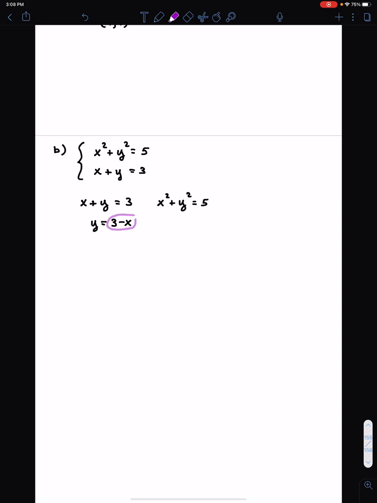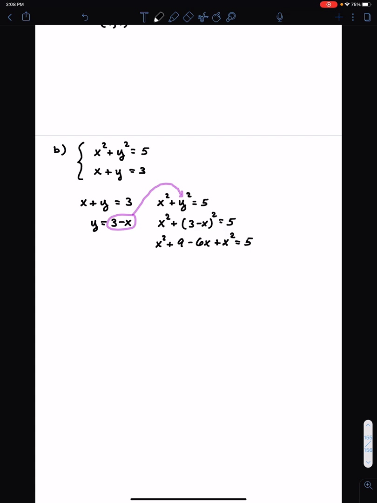I'm going to substitute this in for y into the second equation. So x squared plus 3 minus x quantity squared is equal to 5. If I FOIL this out, 9 minus 6x plus x squared is equal to 5.